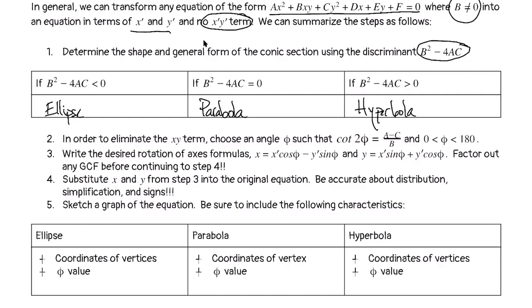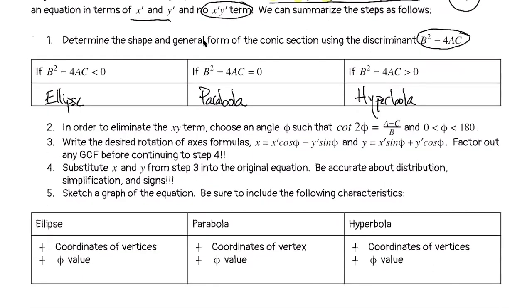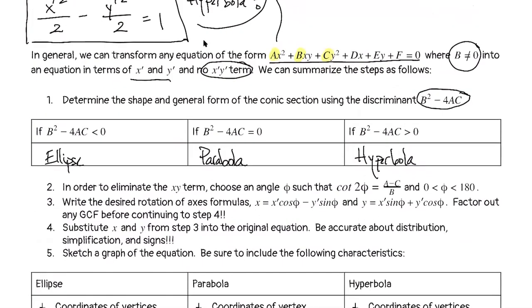So by knowing your a, b, and c, which are right in your equation, you can find out what shape it is before you even get started. That's going to be important for us to predict what this shape is going to be like and how we know that we're getting to the right form.